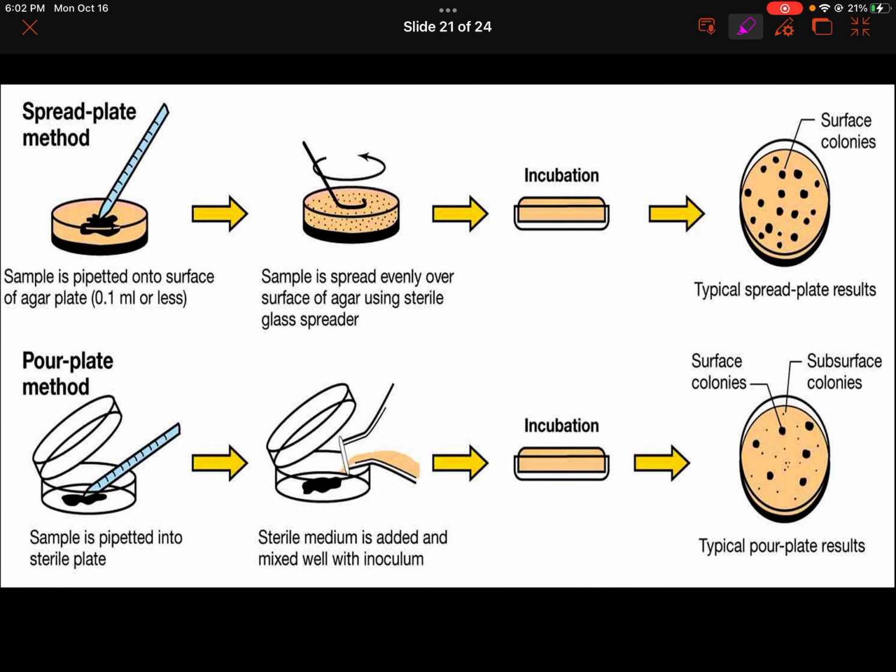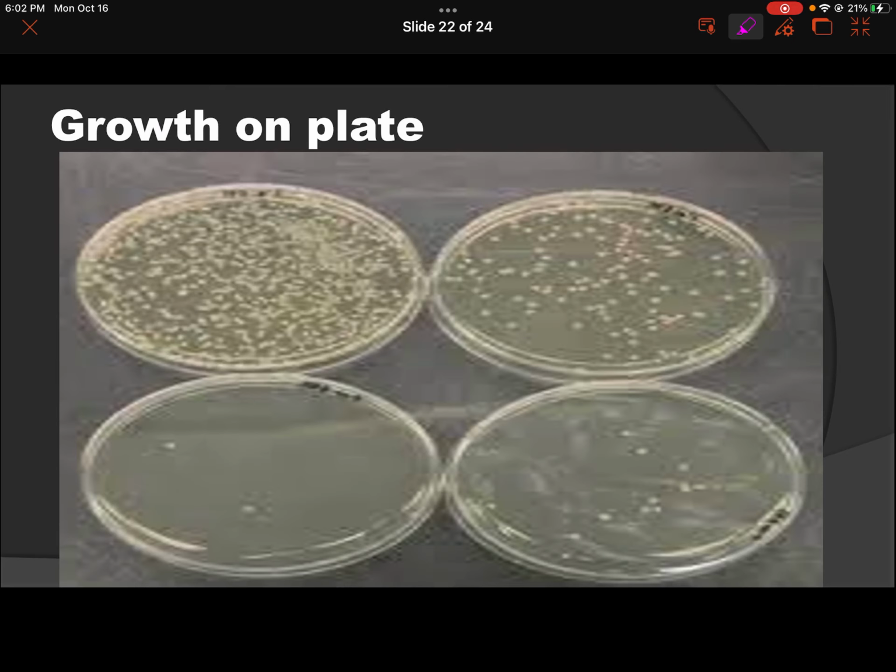Another difference between your spread plate and pour plate technique is elaborated here. Spread plate: agar first. Pour plate: sample first, and then melted agar. The moment you pour the melted agar, you have to allow it to solidify first before inversion or before incubating. So this is how the colonies would look on a pour plate.